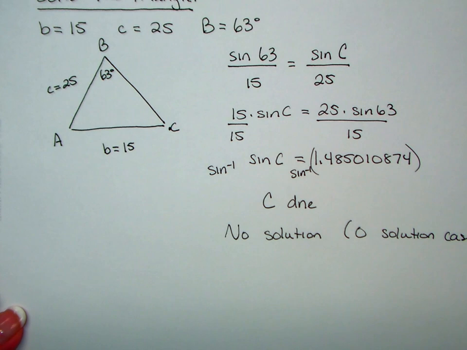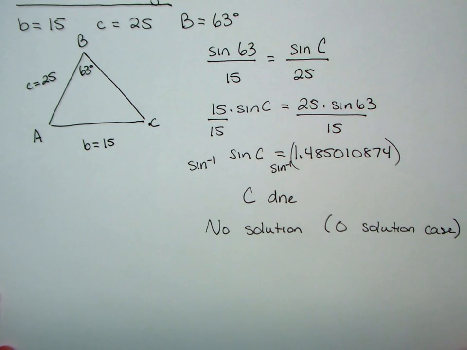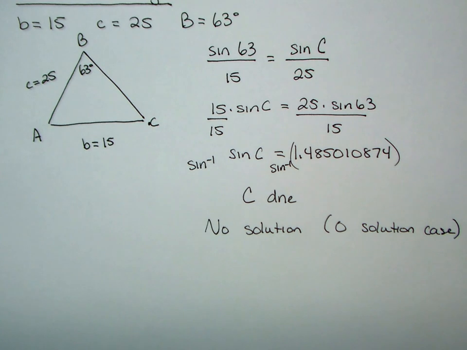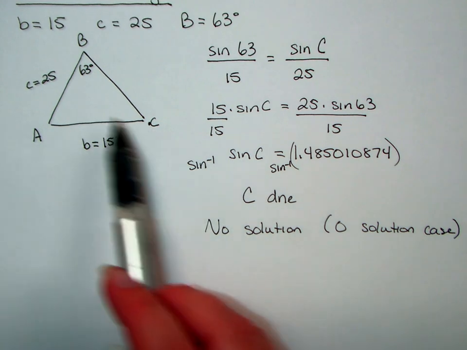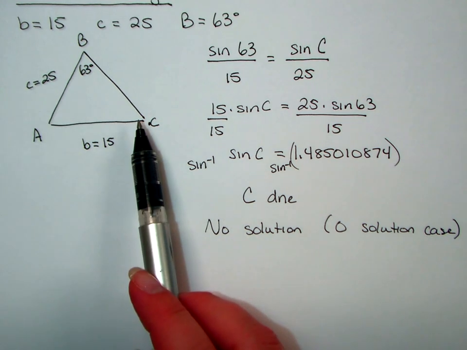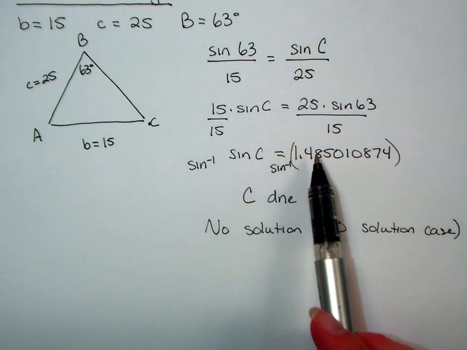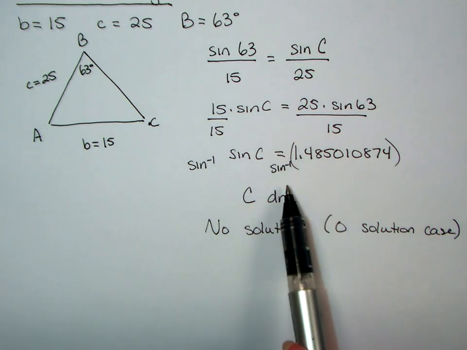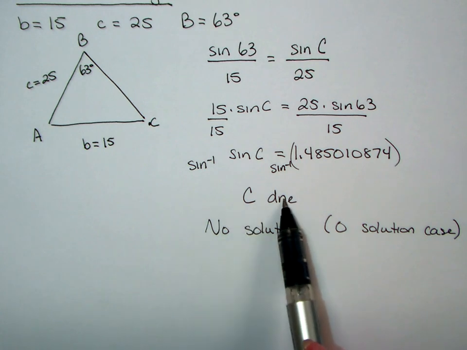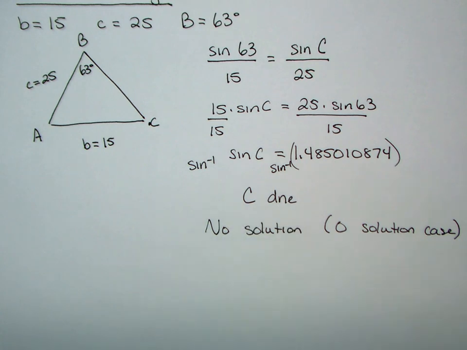The given information is not feasible to build a triangle with. So on the zero solution cases, this will always happen. You'll go and you'll solve for the angle that you're forced to solve for, and then the angle you're forced to solve for will have no solution, right? So angle C doesn't exist, therefore there's no solution.